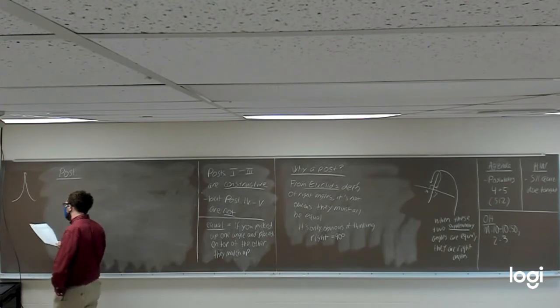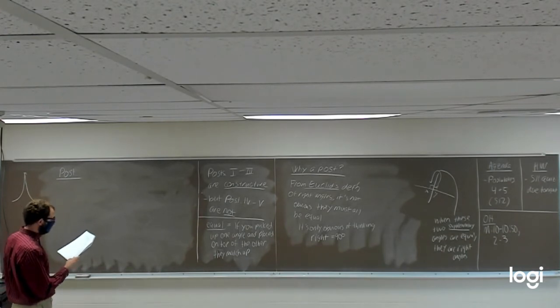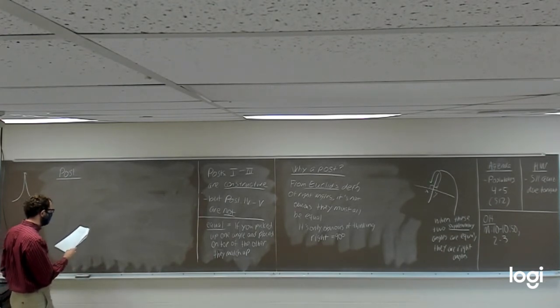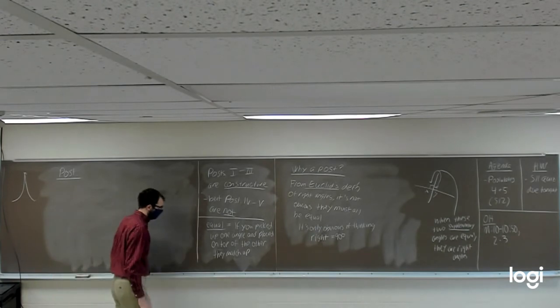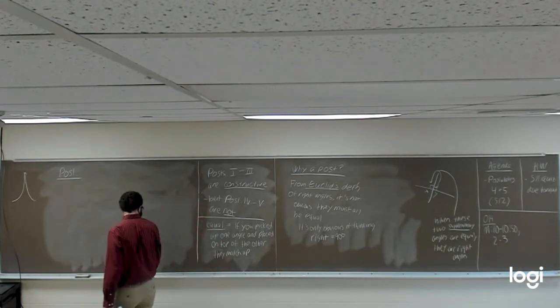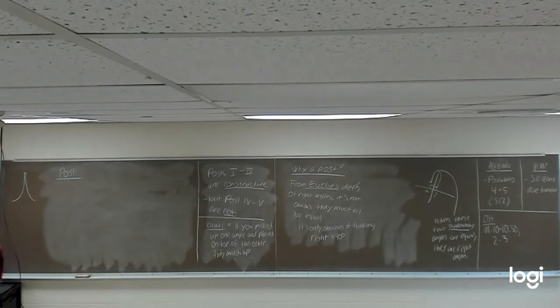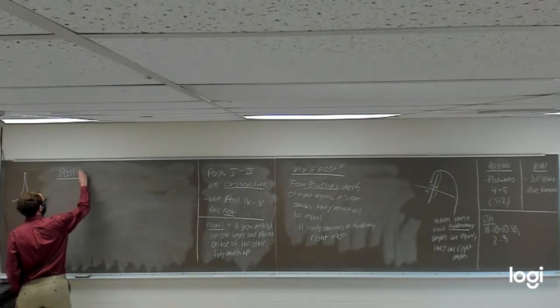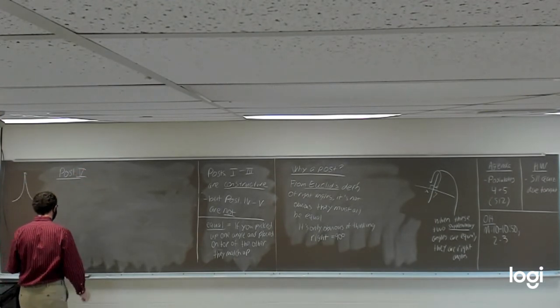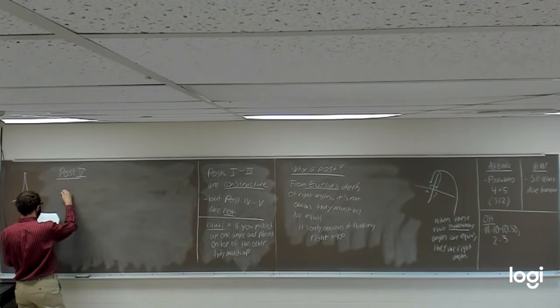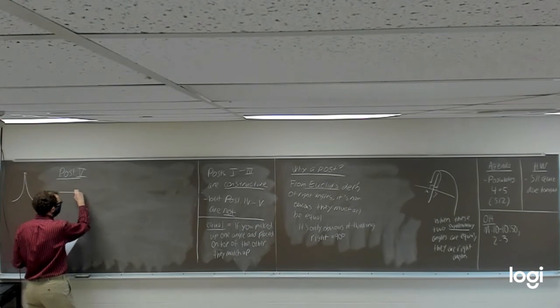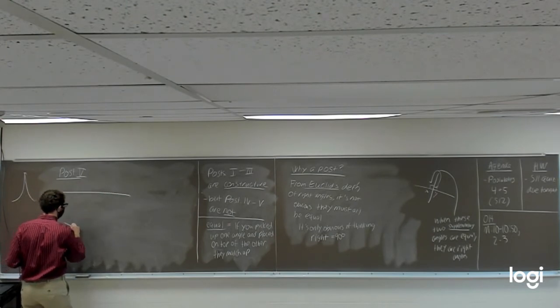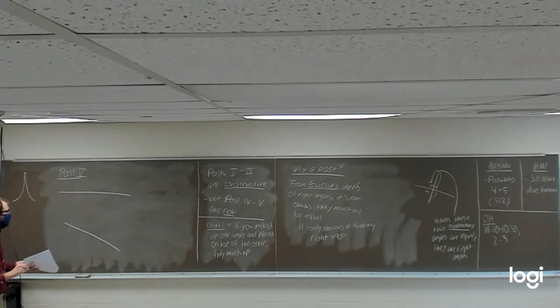That if a straight line falling on 2 straight lines makes the interior angles on the same side less than 2 right angles. So, let me get a piece of chalk. So what that means is, suppose we have a scenario that looks something like this. A straight line falling on 2 straight lines. So let's say these are the 2 straight lines.